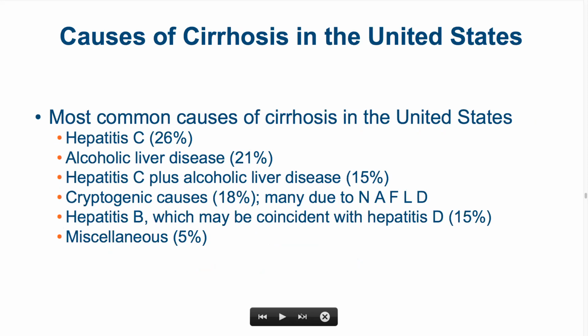The most common causes of cirrhosis in the United States are hepatitis C, alcoholic liver disease, and hepatitis C plus alcoholic liver disease. Cryptogenic causes may be due to non-alcoholic fatty liver disease, hepatitis B, and some miscellaneous reasons.